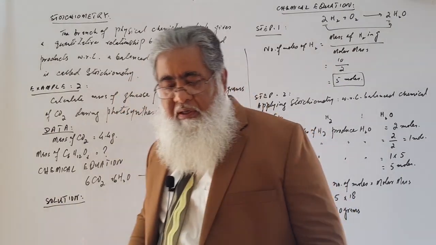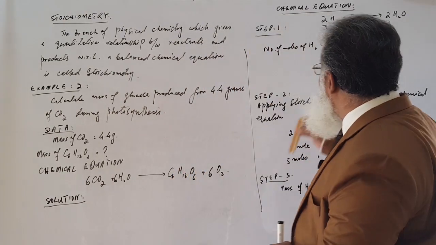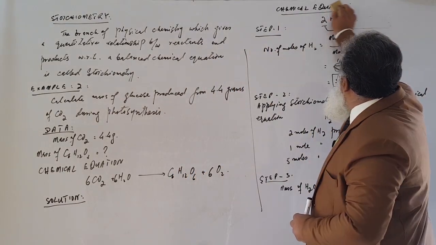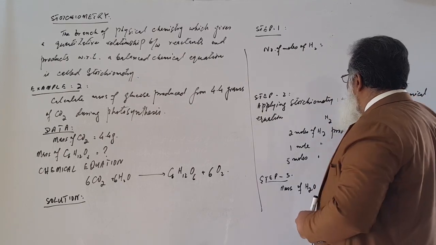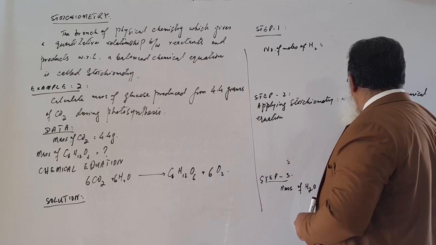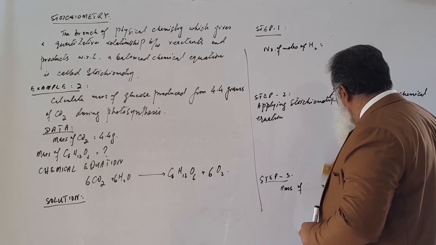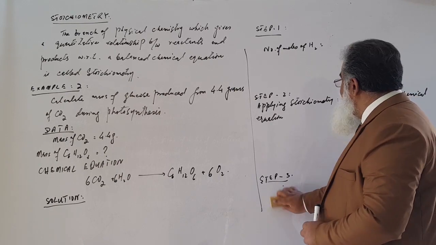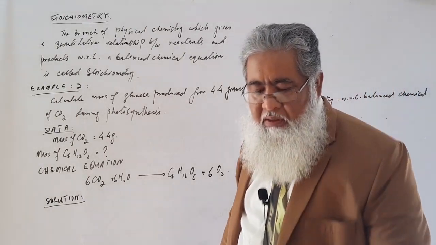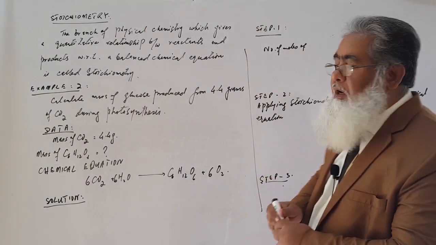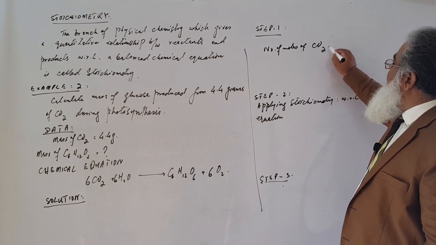Now this solution will occur in the same way as we have solved the previous example. I am going to use the same steps which we have already applied in the given numerical. With respect to step 1, we have to find the number of moles of carbon dioxide.